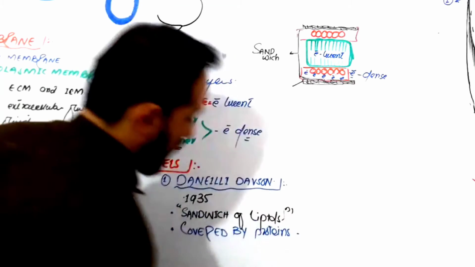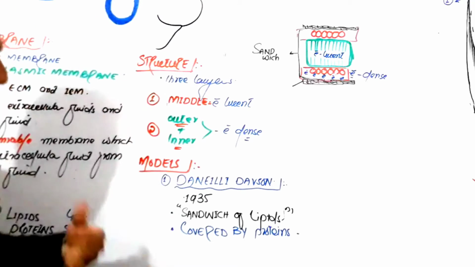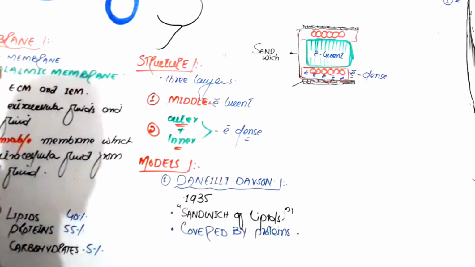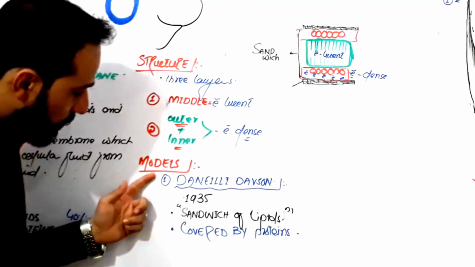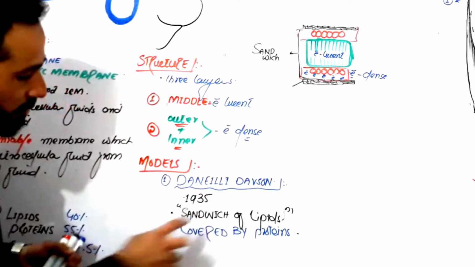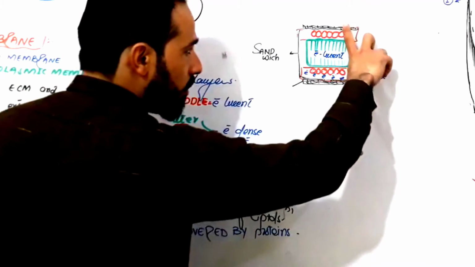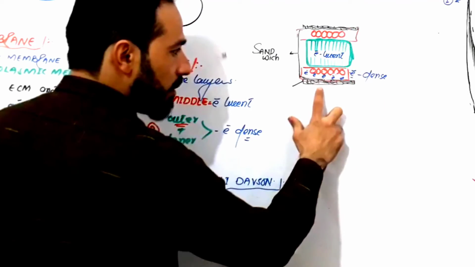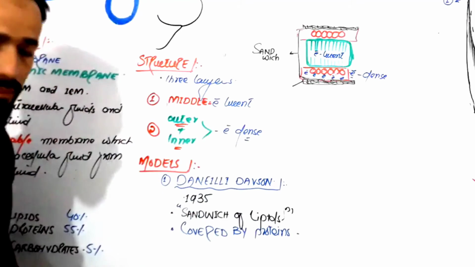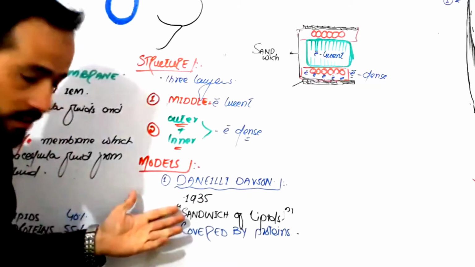This was the first model, and we are not going to explain this model more. We will explain the model which is now acceptable, that is the fluid mosaic model, and we'll go into detail on that. So the Davson-Danielli model says that the cell membrane is a sandwich of lipids covered by proteins, the inner protein layer and the outer protein layer. This was the first model to explain the structure of the cell membrane.